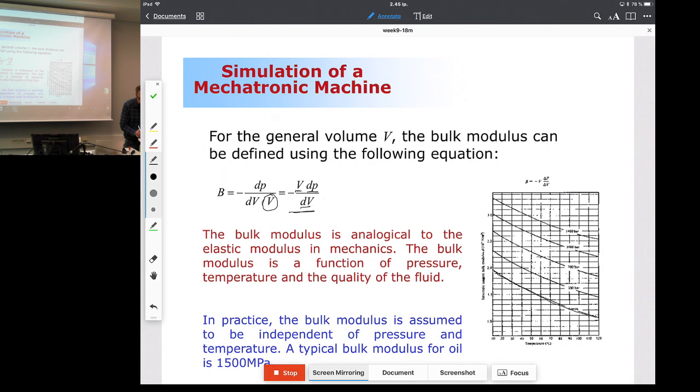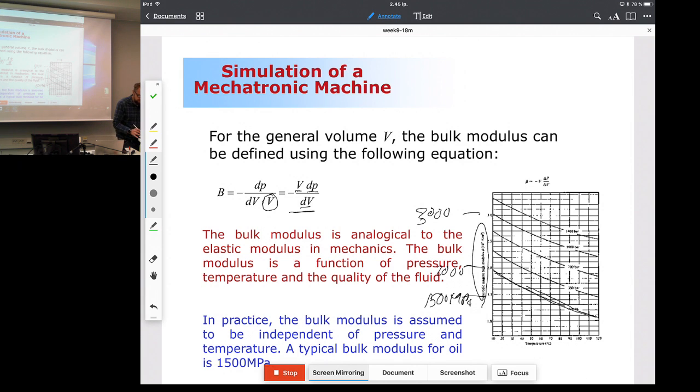This is a bulk modulus. Let me explain to you here first. So what I have here in this y-axis is a bulk modulus. And the numerical values, what I have here is this is 1,500 megapascal. This is 2,000. This is 3,000, and so on and so on.